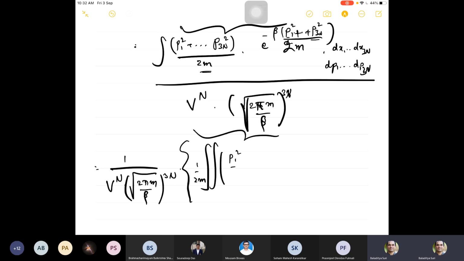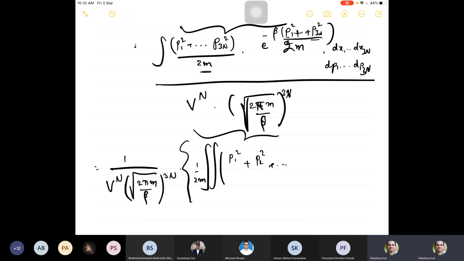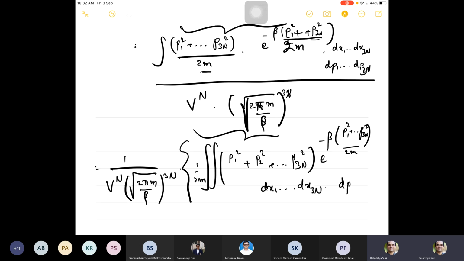It's a multiple integral again: p1 squared plus p2 squared plus so on, plus p3n squared, times e to the power of minus beta summation over p i squared by 2m, and the integration variables are dx1 to dx3n and dp1 to dp3n.